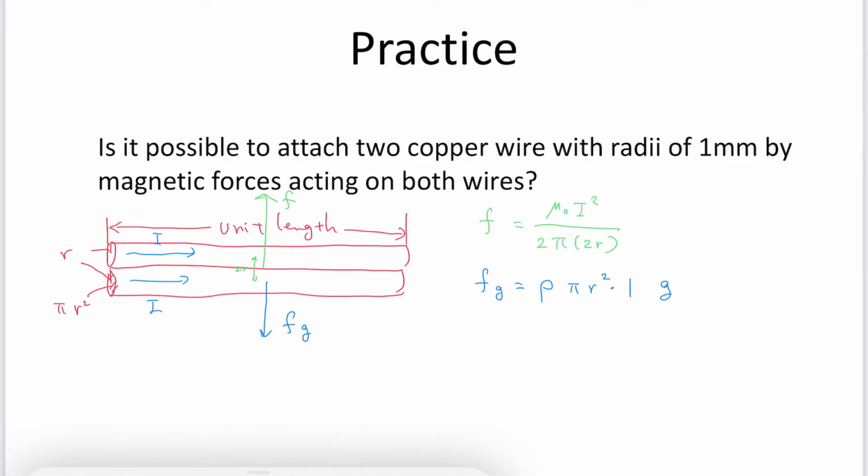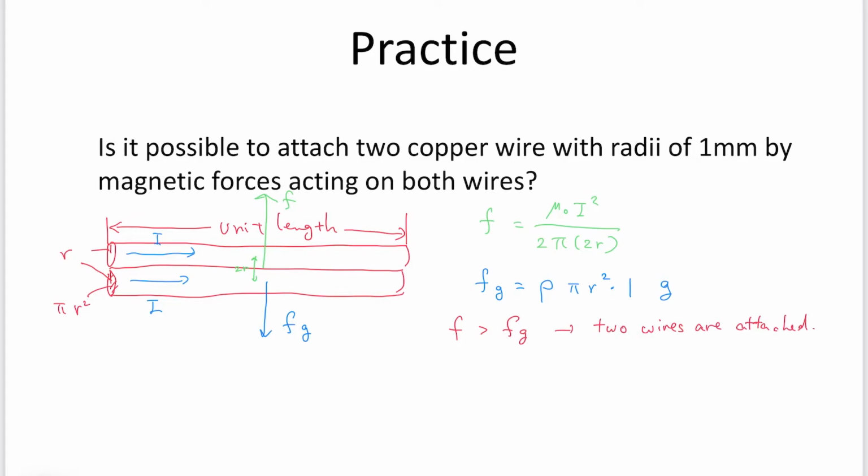Then the condition for the two wires to be attached together by the magnetic force is that F is larger than F sub g, the gravitational force. Then the two wires are attached.